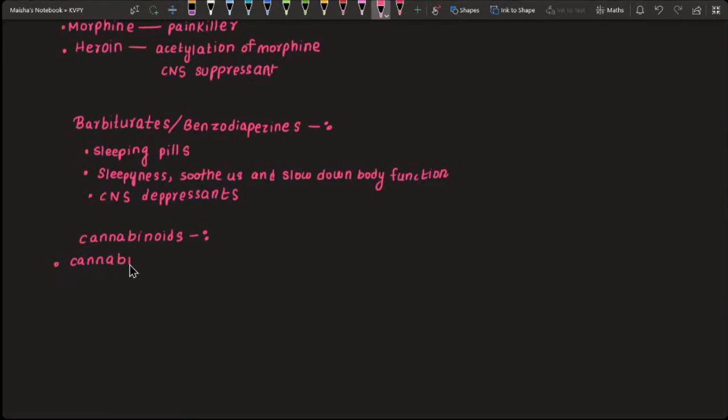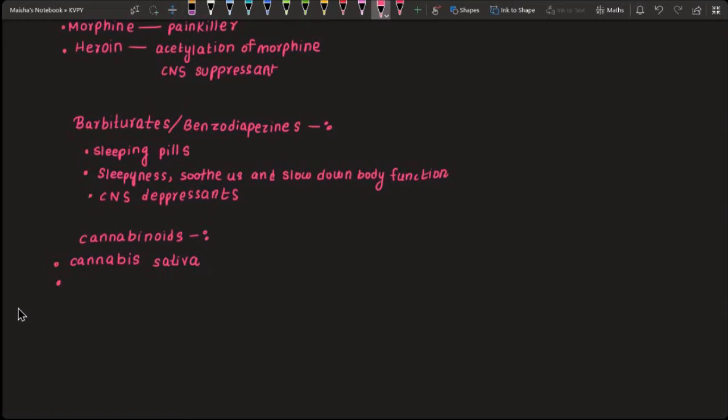Cannabinoids. This drug has been extracted from Cannabis sativa. It is also taken to provide temporary pleasure to the person.